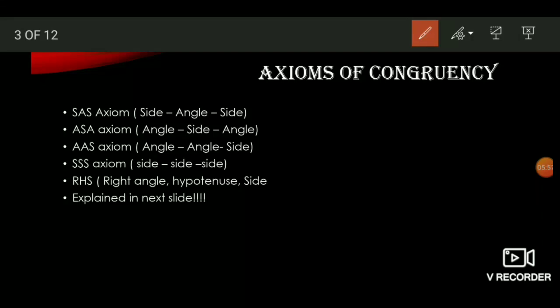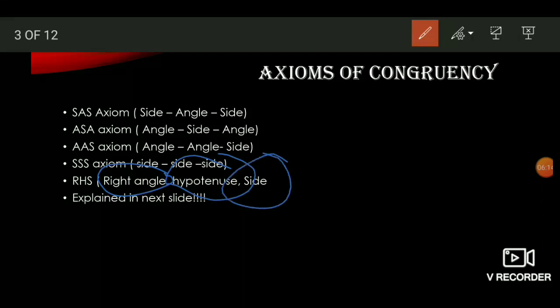It is the abbreviated form, and right angle hypotenuse side is the full form of RHS. Here we can understand that the hypotenuse is only there in a right angle triangle, and also a right angle, meaning 90 degrees, is there in a right angle triangle. Now all these axioms we will learn in a descriptive manner in our following slides, so let's do that.